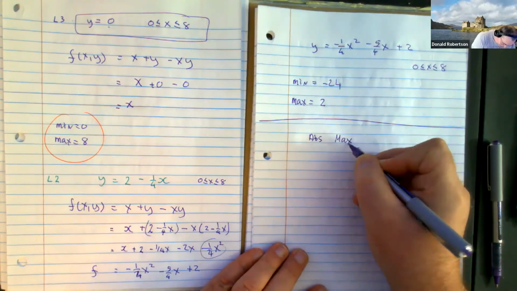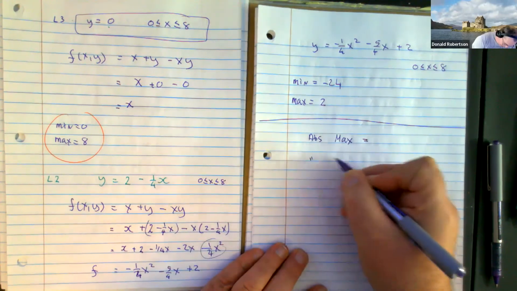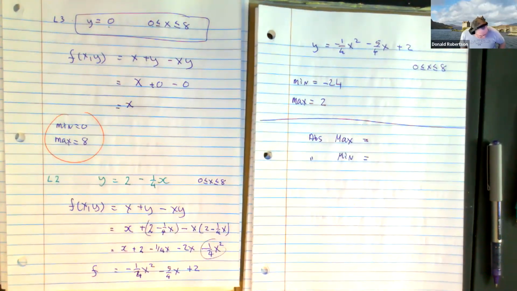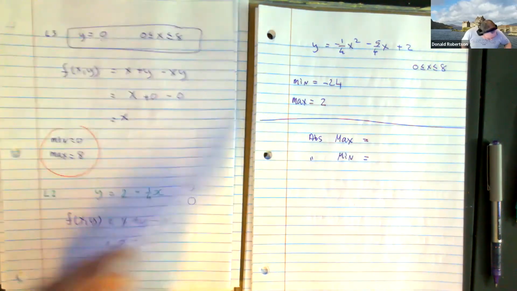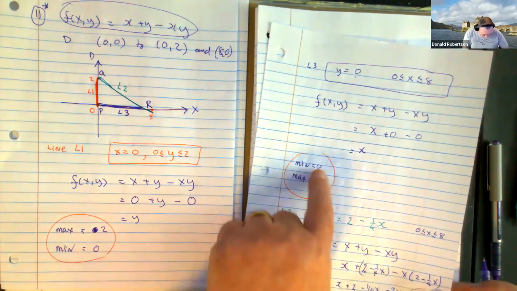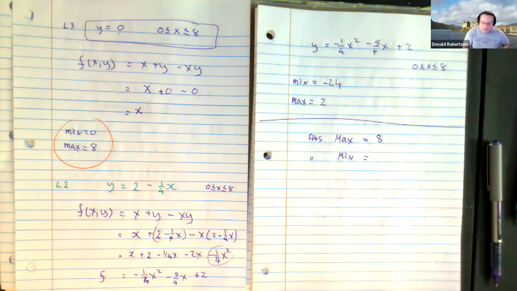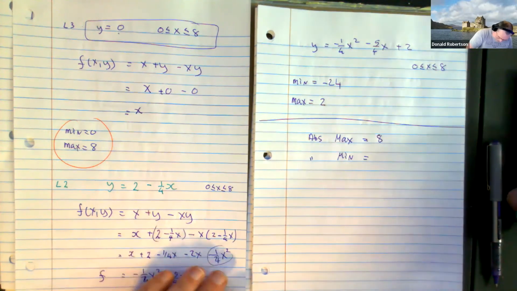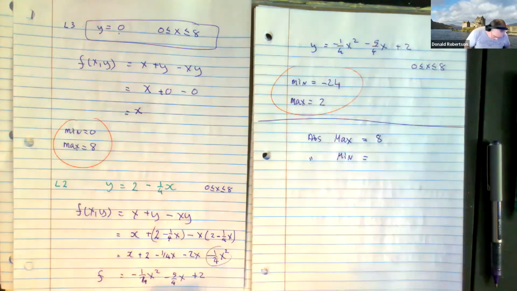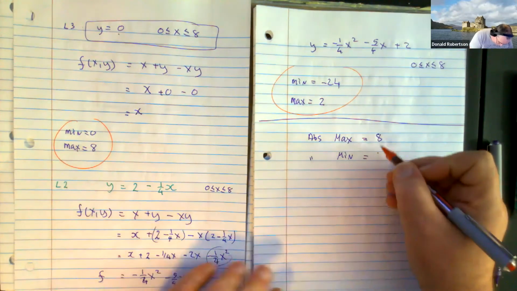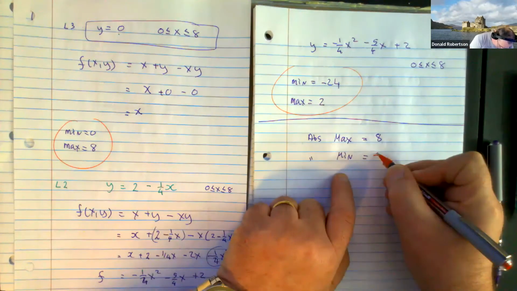The absolute maximum and the absolute minimum. Would you agree that the absolute maximum between all the choices that we've got was 8? And would you agree that between the 3 things that we've got, the absolute minimum was -24?